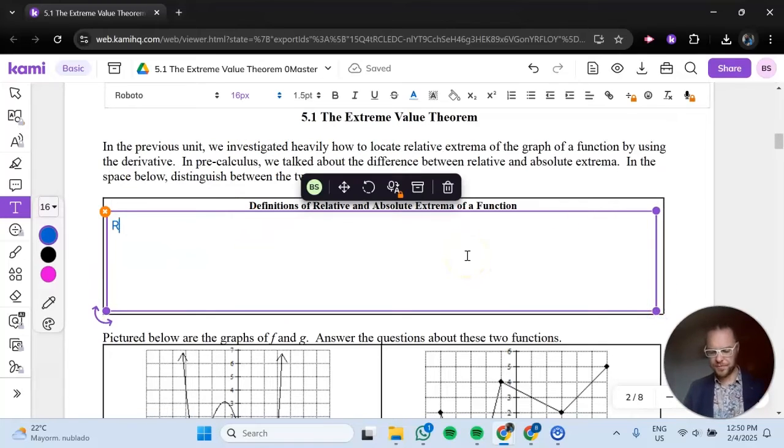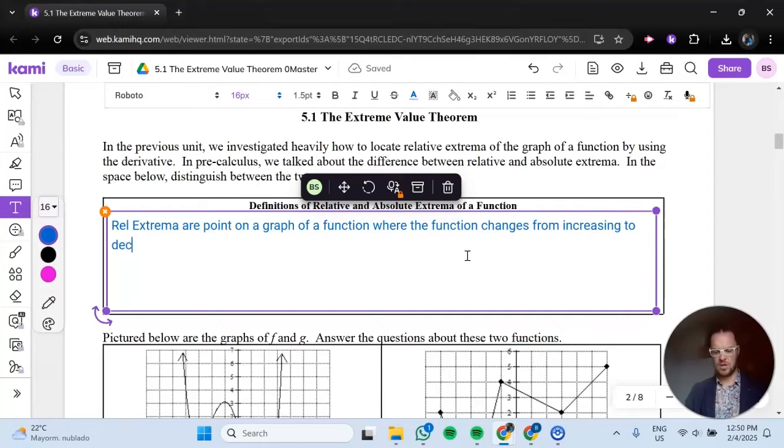So first of all, relative extrema are points on a graph of a function where the function changes from increasing to decreasing, or vice versa.